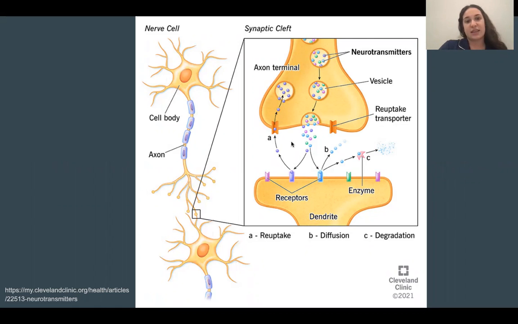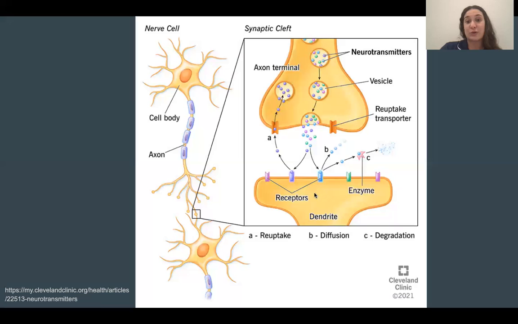So here we have the axon terminal, which is ending, and these neurotransmitters are in these vesicles that are being released, and then they are binding and able to cross through the receptors of the postsynaptic neuron, and from there can continue on in this chain of messages until it gets to a muscle or will go into the bloodstream.